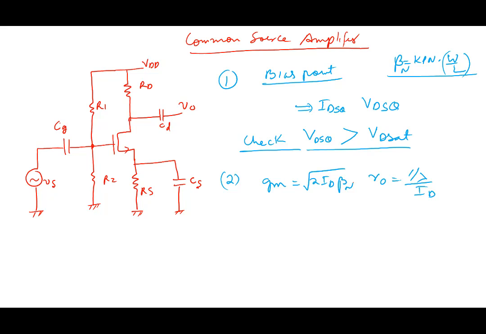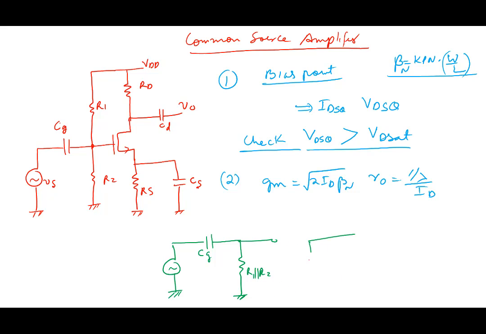After that, you draw the small signal circuit. Small signal circuit of this, straightforward. You obtain it if you're doing mid-band analysis. So in mid-band analysis, the capacitor would be a short, or if you don't want to put a capacitor as short, you can keep the capacitor here. So keep the capacitor C gate for a moment. R1 and R2 become R1 parallel R2, and then there's open circuit.